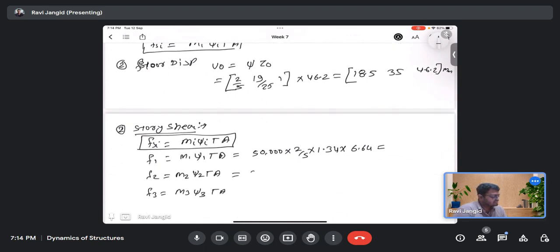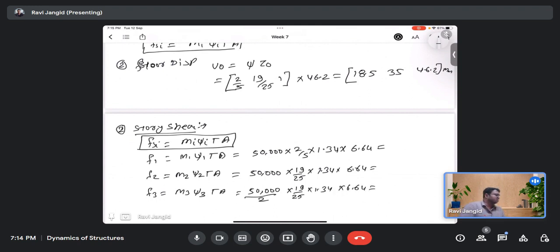Same for M2. The mass is same, 50,000, that is 19 by 25, 1.34, 6.64. For M3, that is M by 2 into 1, 1.34, 6.64. So can you give me this F1, F2, F3?